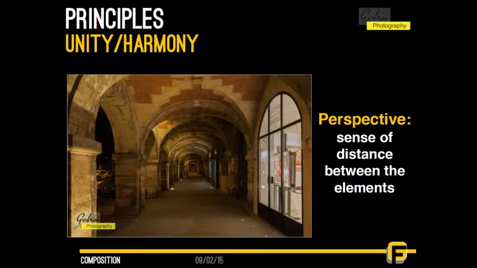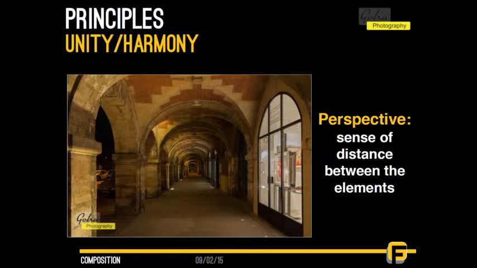Now in unity and harmony there is perspective. What is perspective? Here you can see it's a sense of distance between the elements. When I see this part, I automatically guess how much distance there is between these pillars. Looking at this image, it looks like they are very close to each other.